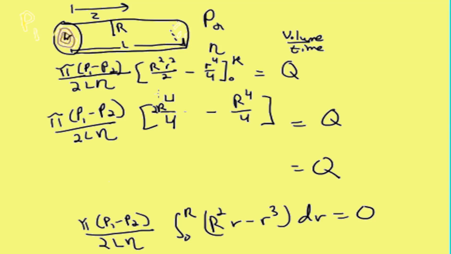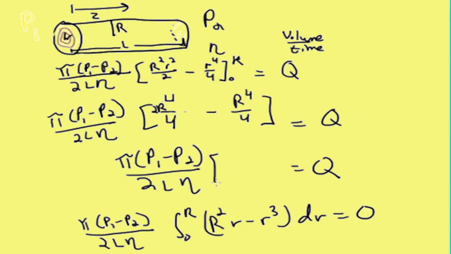So this is going to be just 2 minus 1, so we get pi (P1 minus P2) all over 2L eta, R to the 4th over 4, equal to Q.